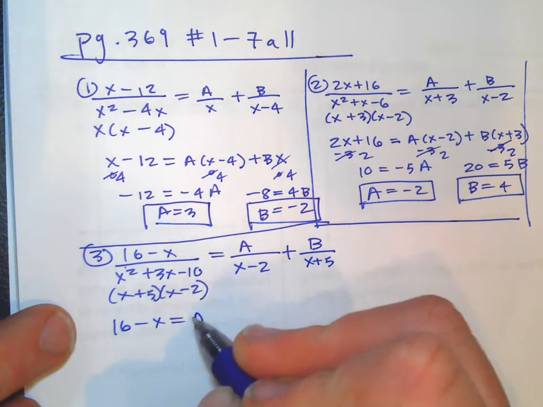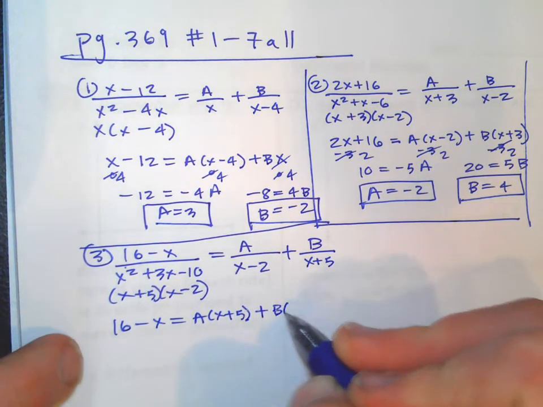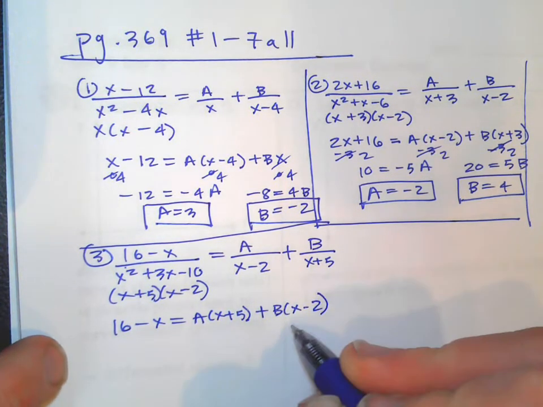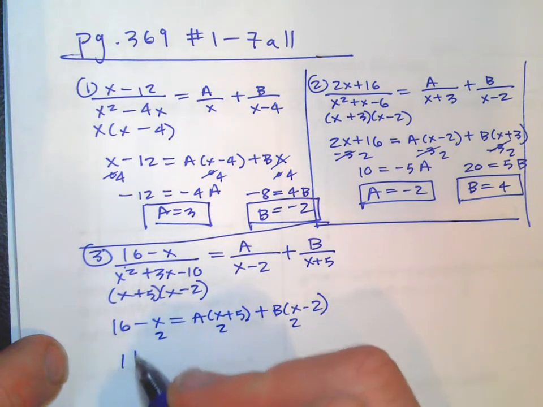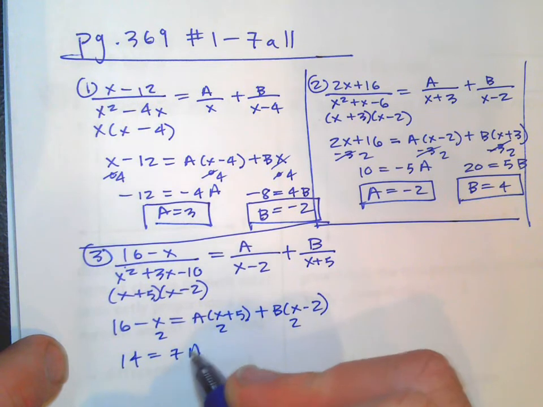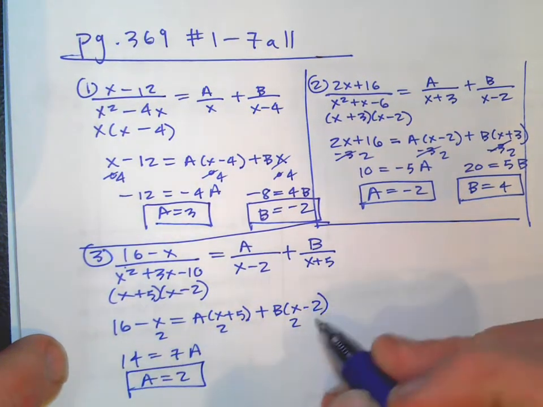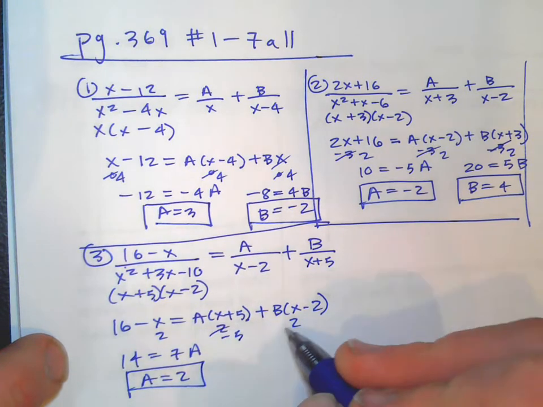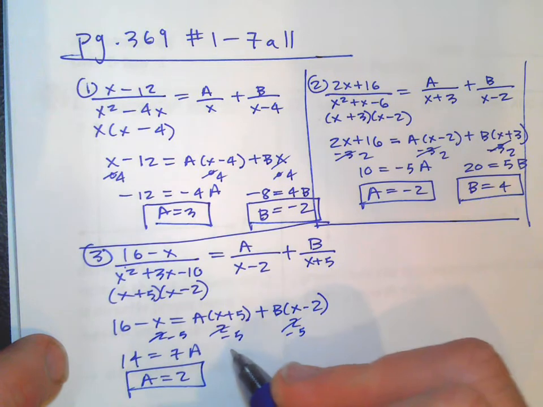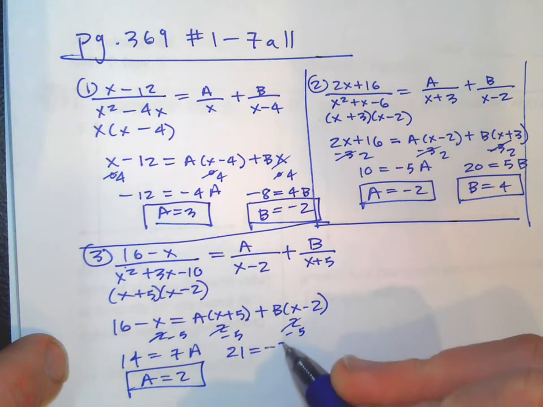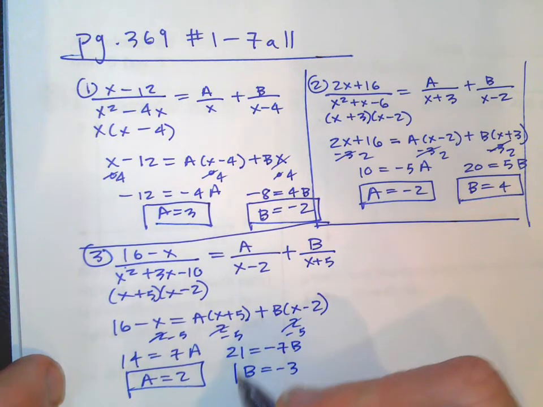And we get A(x plus 5) plus B(x minus 2). If we get rid of the B first, put 2's in everywhere, we get 14 equals 7A. A equals 2. Otherwise, plug negative 5 in everywhere to get rid of the A's, and that would give you 21 equals negative 7B. B equals negative 3.